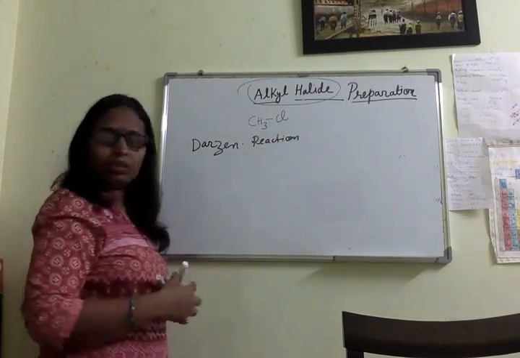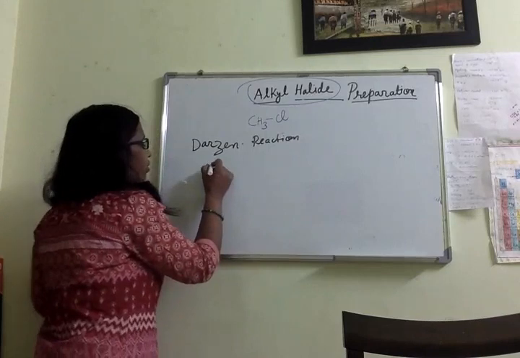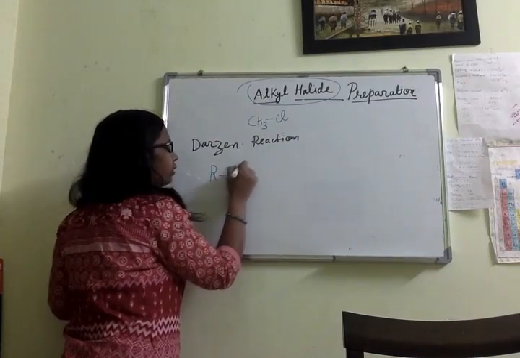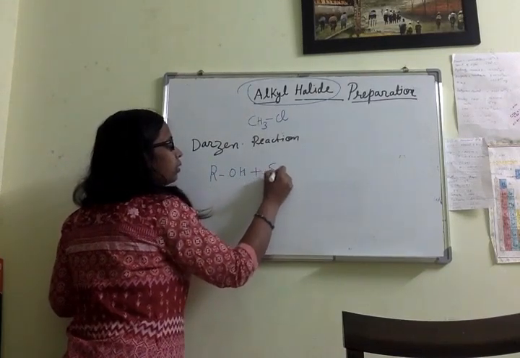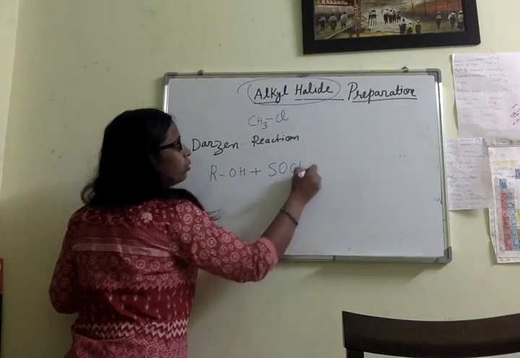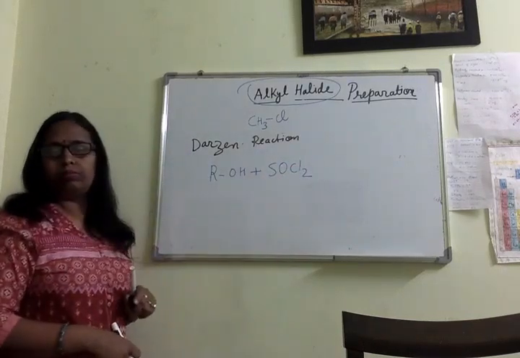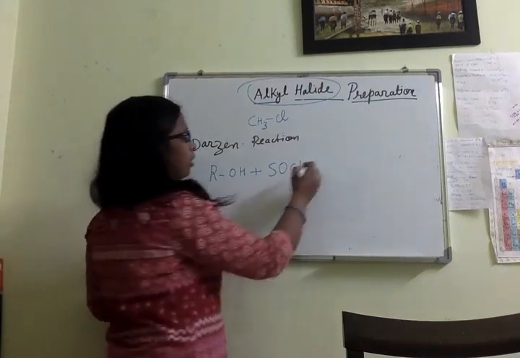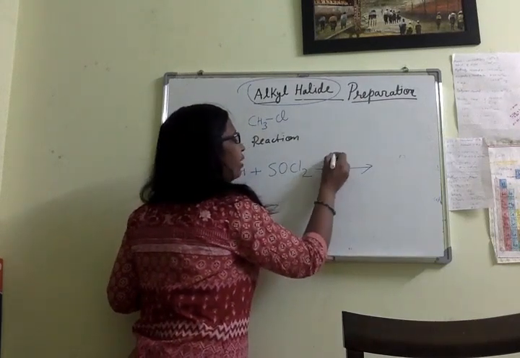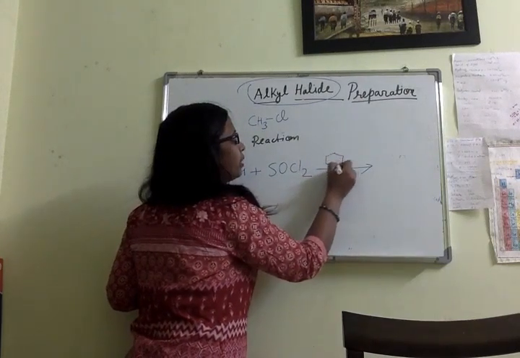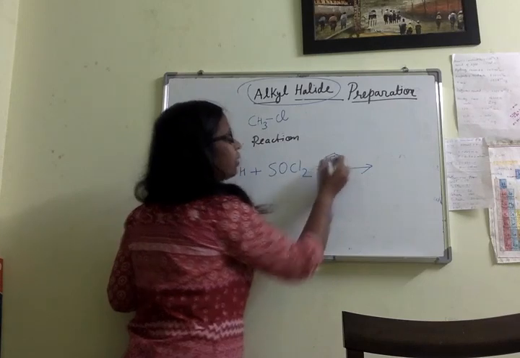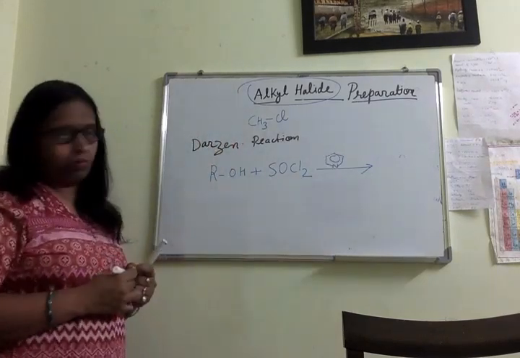We study it from the alcohol. First take alcohol ROH plus thionyl chloride SOCl2, in presence of pyridine. Pyridine means in a benzene ring one carbon is replaced by nitrogen.